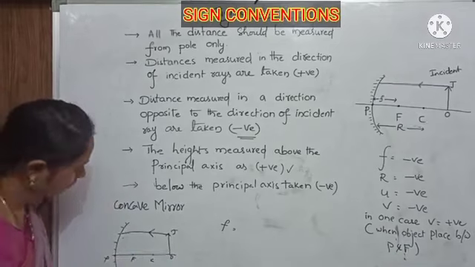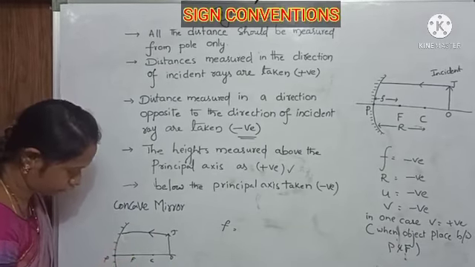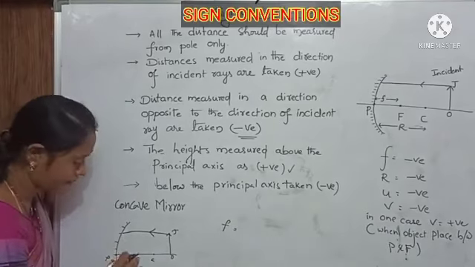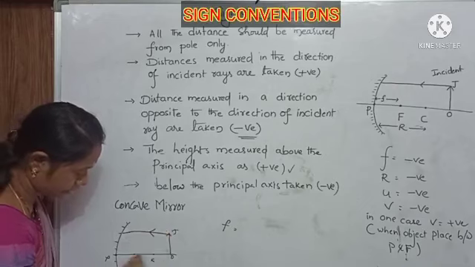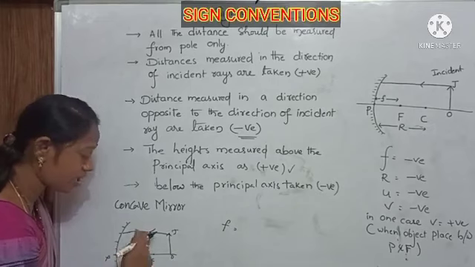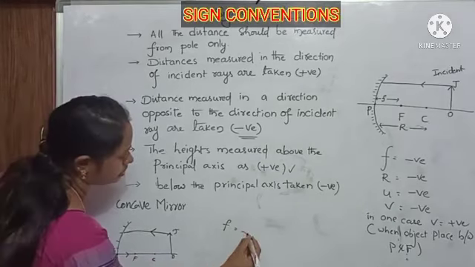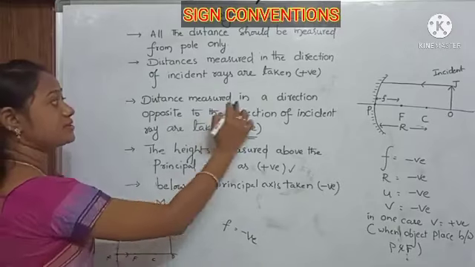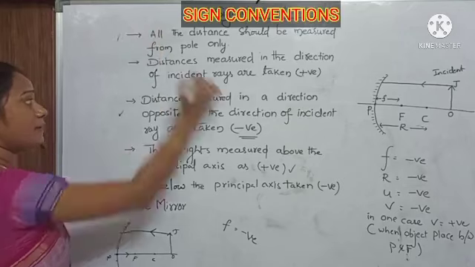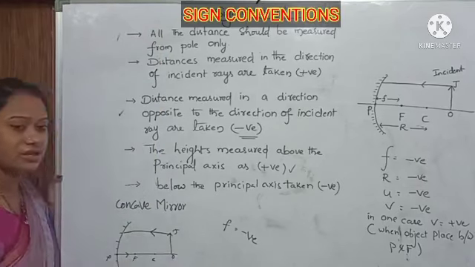Focal length F is from P to F, in this direction, forward. So it is opposite to the incident ray, so it is negative. Distance measured in the opposite direction is negative. Got it?